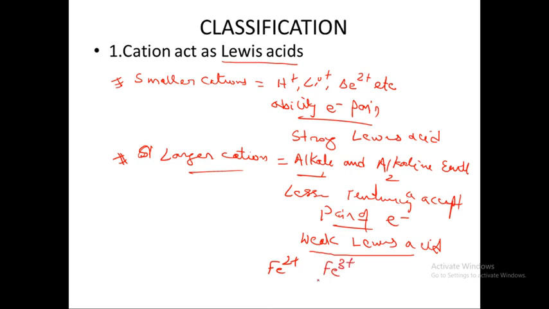Fe3+ will be the stronger acid as compared to Fe2+, since Fe2+ is the larger cation and behaves as a weak acid. So the larger the size of the cation, the weaker the acidity.